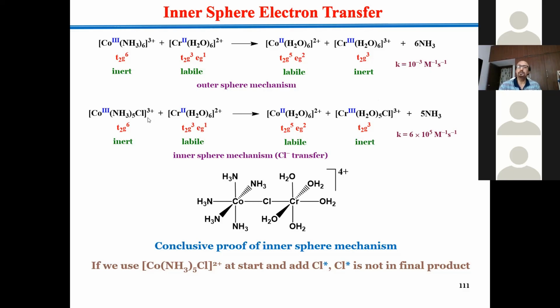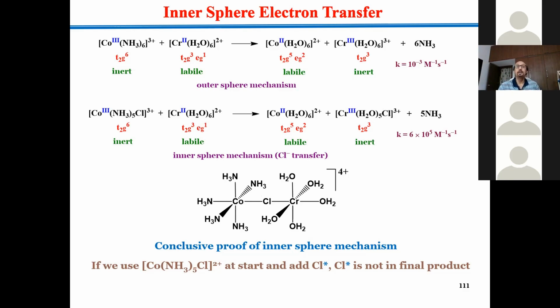And if you don't use the labeled one over here, and use the labeled one externally, you will see negligible incorporation over here. That means this chloride is essentially part of this bridge, not coming from the solution. Okay, and that supports the inner sphere mechanism to a large extent, that here it essentially proceeds through the superexchange pathway through the formation of a suitable bridge.